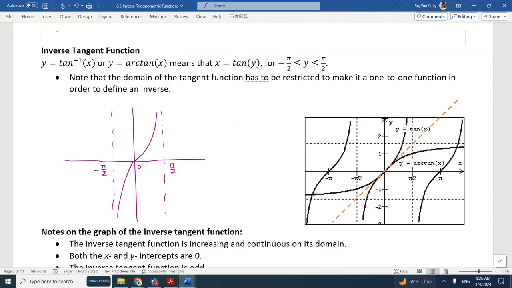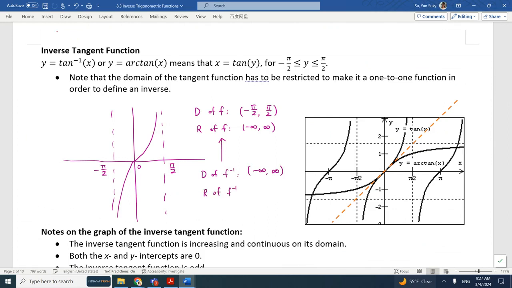Okay, so let me put: the domain of the tangent is from negative pi over 2 to pi over 2. The range of the tangent is minus infinity to infinity. Yes, everybody? And now the domain of the inverse tangent corresponds to the range of the tangent, so it's from minus infinity to infinity.